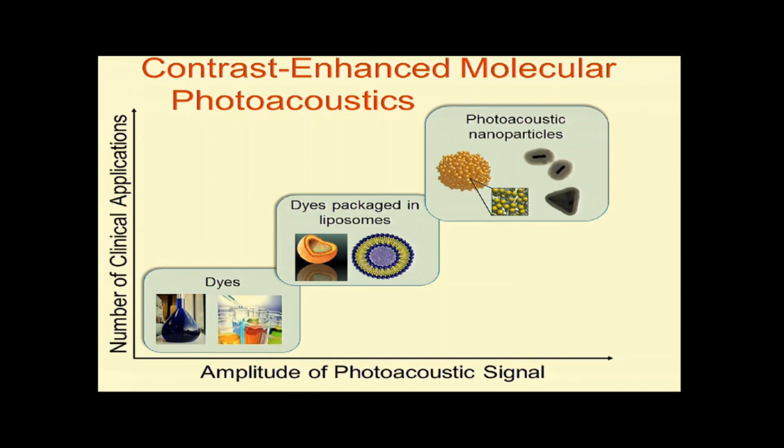The more signal I have, the deeper I can penetrate, the more diseases I can study in vivo at sufficient depths. And it happens that photoacoustic or plasmonic nanoparticles have much stronger absorption than any typical dye that we currently have. Right, so by following this diagram, you would say, yeah, photoacoustic nanoparticles might be a better choice.